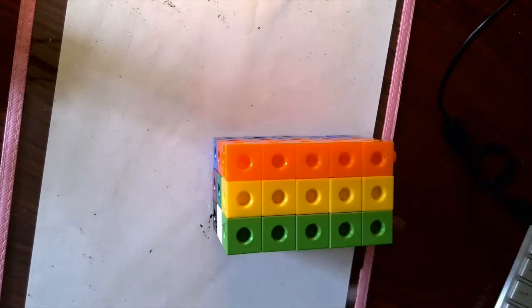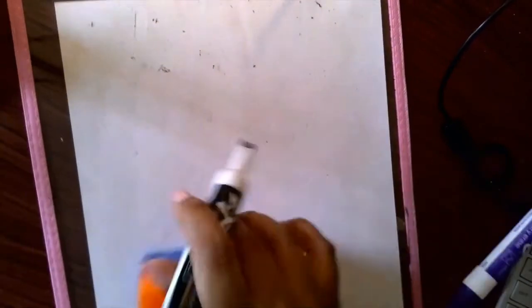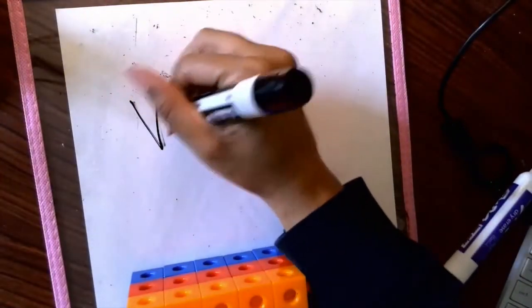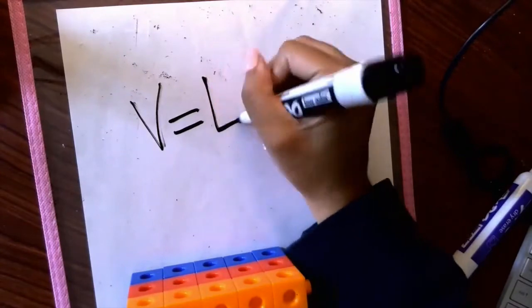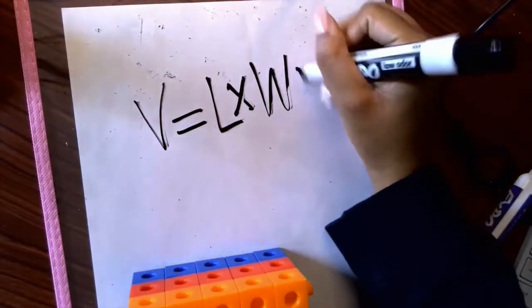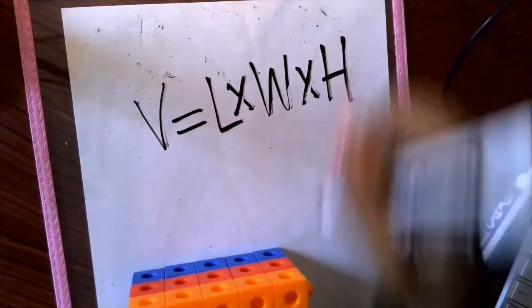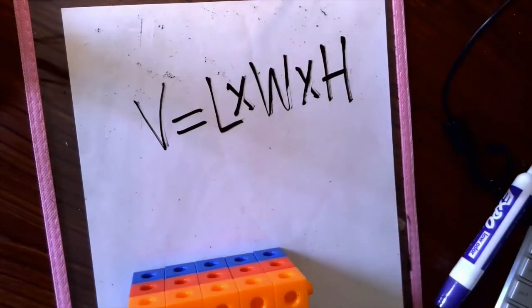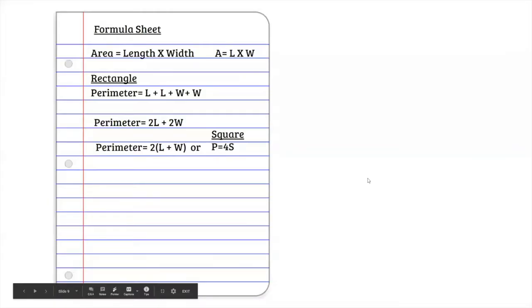So our formula for volume is volume equals length times width times height. Take your formula sheet back out and let's add in the formula for finding the volume of a rectangular prism.